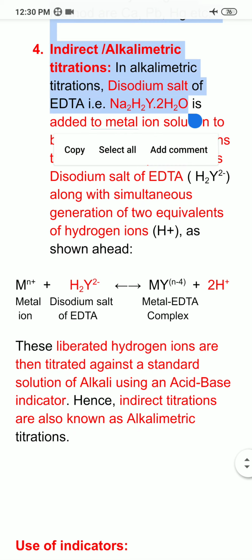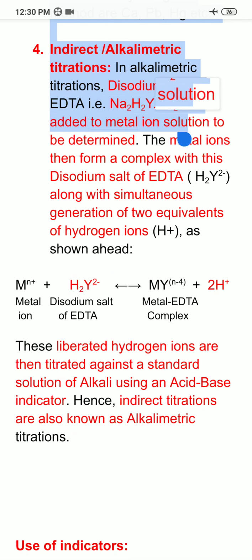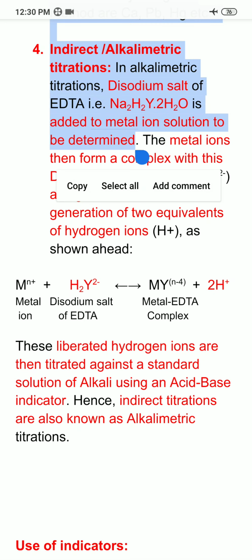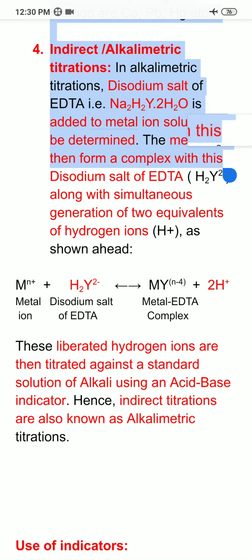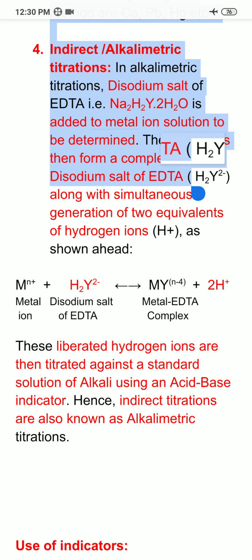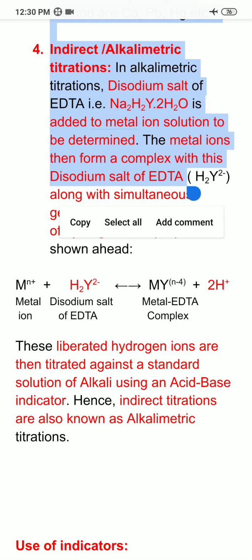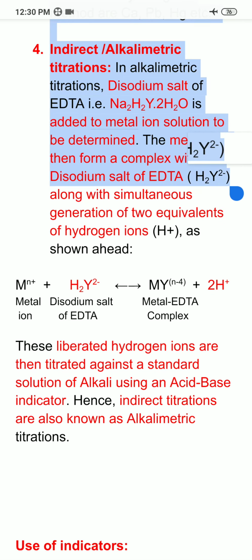So in indirect titrations, disodium salt of EDTA is added to metal ion solution to be determined. Now what will happen? As disodium salt when dissolved in water loses 2 sodium ions, it exists in the form of H2Y2- in aqueous medium.